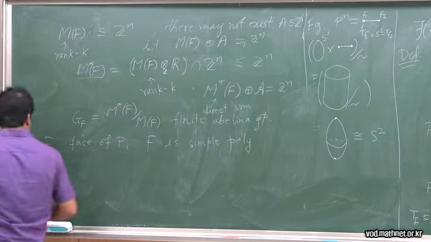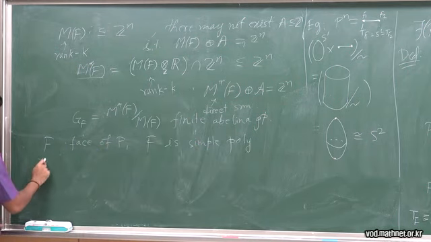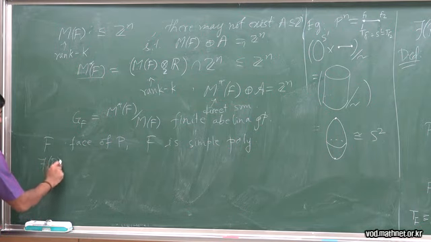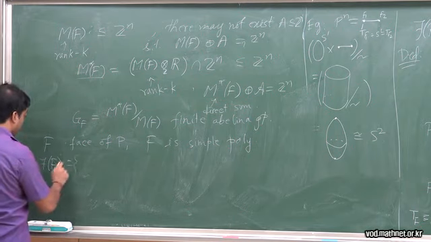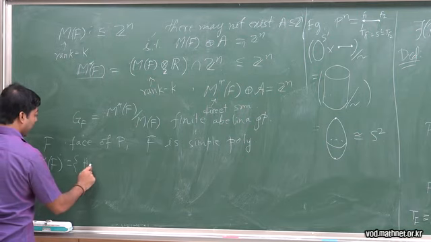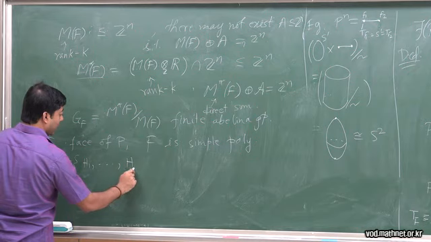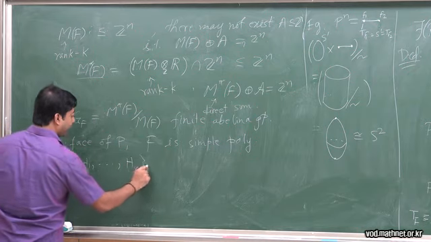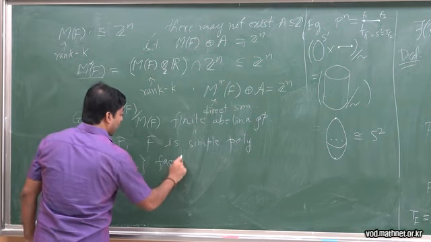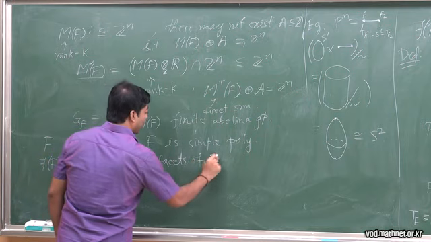So we can consider facets of F as a simple polytope. So we'll say H1, H2, up to HL. So these are facets of F.